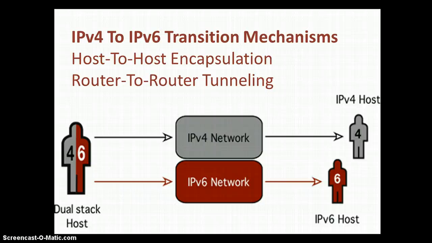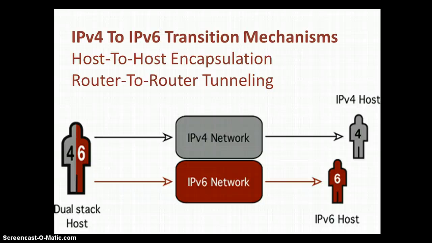The router-to-router tunneling with IPv4 protocol has very little overhead compared to the IPv6 protocol. The host-to-host encapsulation transition mechanism performed slightly better than IPv4 and the homogeneous network with IPv6.